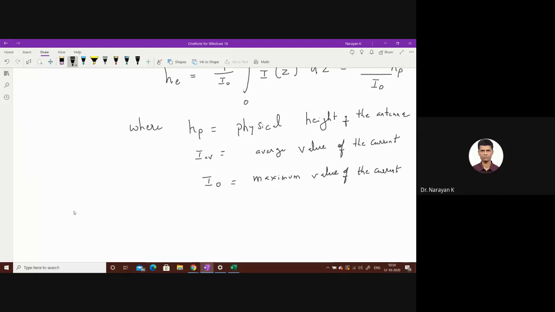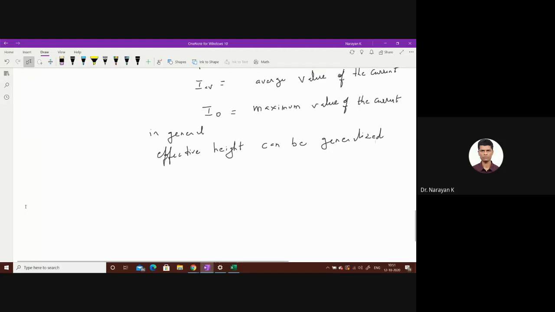Okay, in general, effective height can be generalized as two times radiation resistance into effective aperture of the antenna divided by Z0.